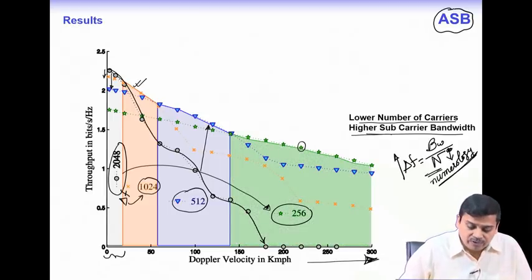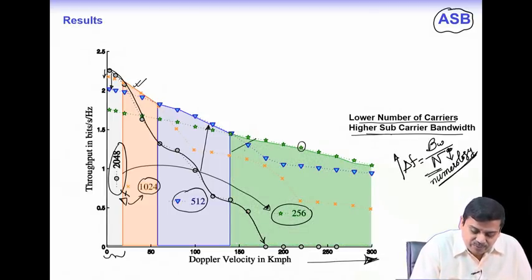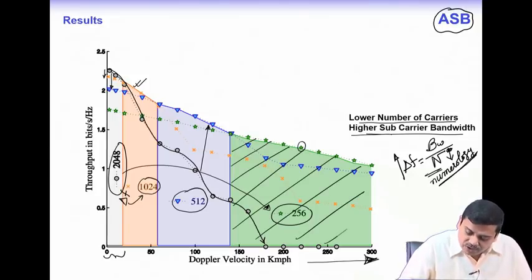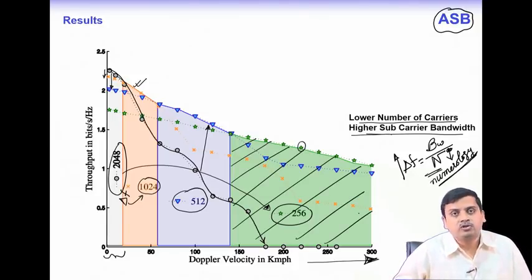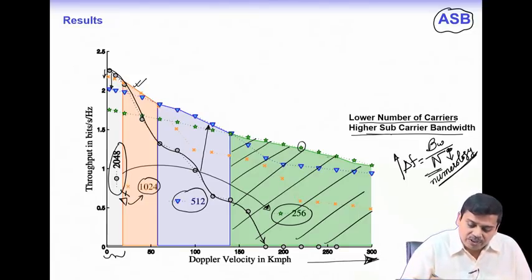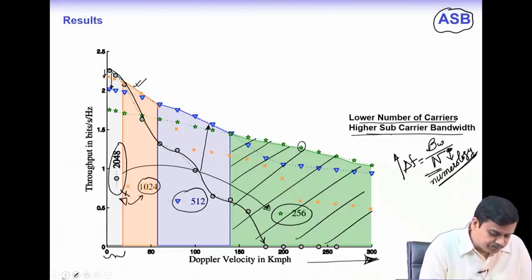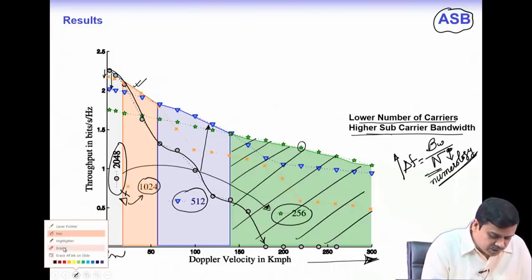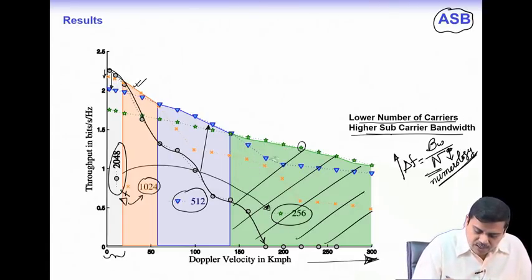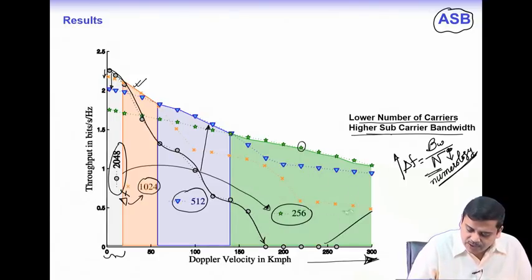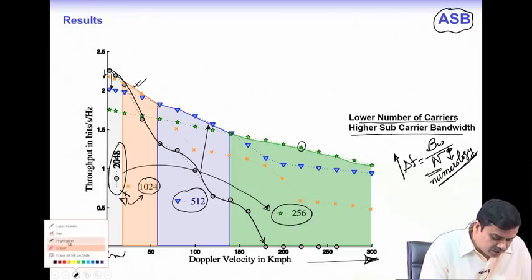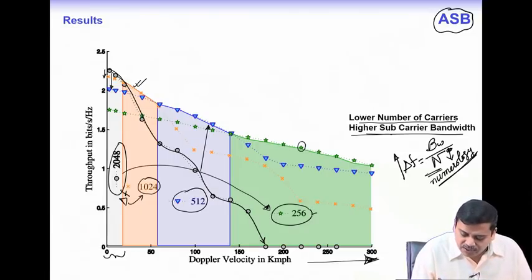So, what we have shown is these different shaded portions indicate the range of mobility which causes a certain Doppler, which can also be connected with corresponding phase noise in terms of delta f, which gives the highest throughput. If we clear these things up, we will find that each particular section represents the corresponding throughput for that subcarrier spacing.